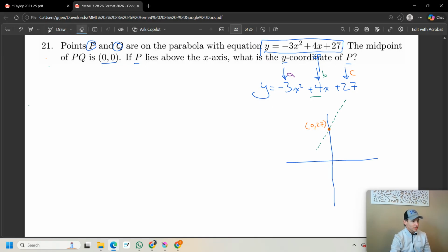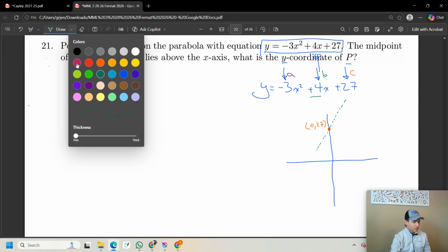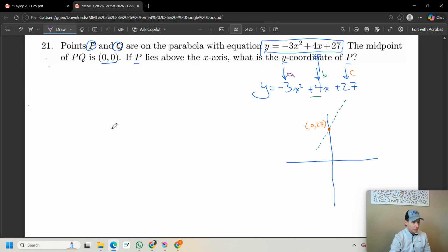The last thing to understand is what this a value does, and this is what allows us to create our sketch of the parabola. This parabola opens downwards, meaning it's like an umbrella that shields you from rain, not like a bowl that would catch rain. If a was positive, the parabola would open upwards and be above the line that we just graphed. Because it opens downwards, it's peeling away from the line on both sides.